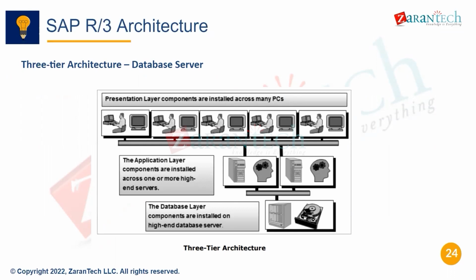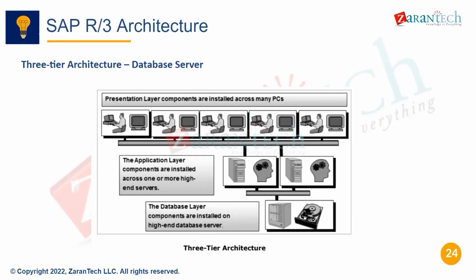So why are we calling it R3? Initially, when R1 started, all these three layers would be residing in one single server. At that time, it was very difficult to manage, and it took a lot of time to process the data and to retrieve the data. And then R2 started, so database was moved to a separate layer.